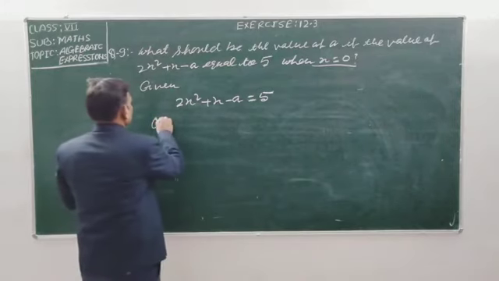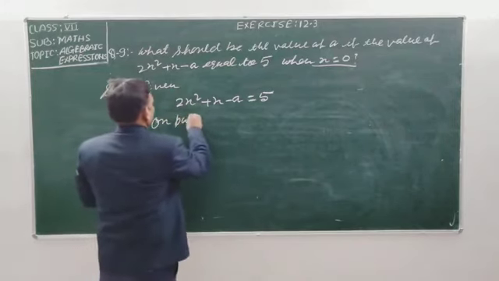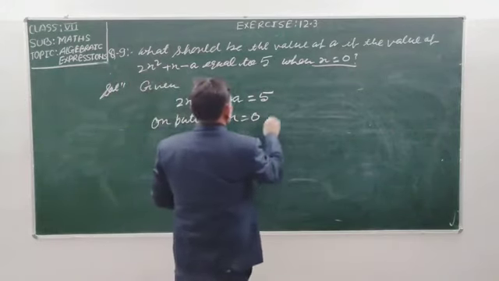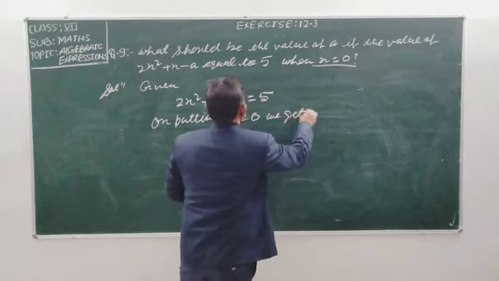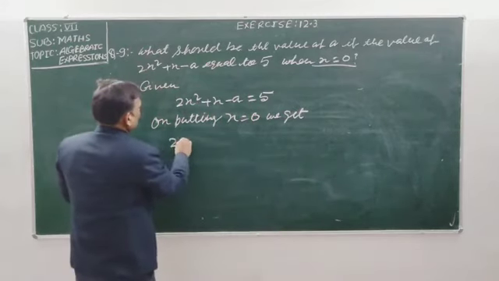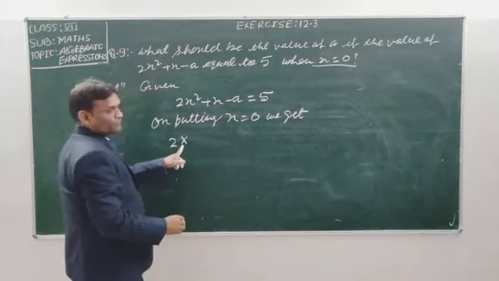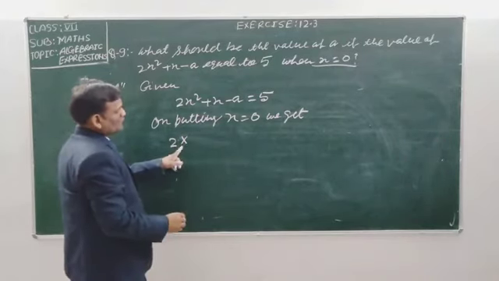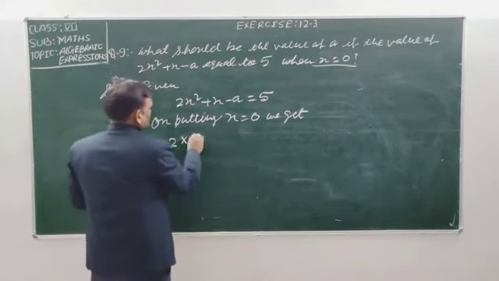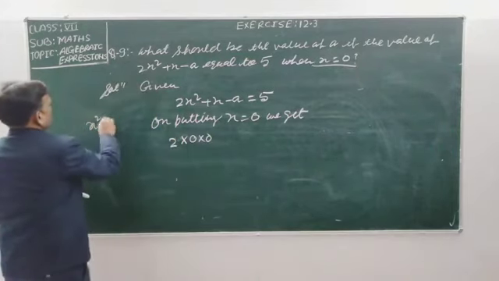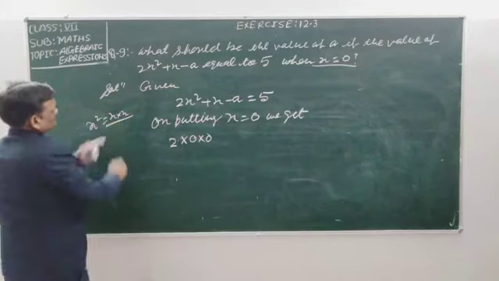On putting x is equal to 0, we get 2 into 0 into 0. X square means x into x.